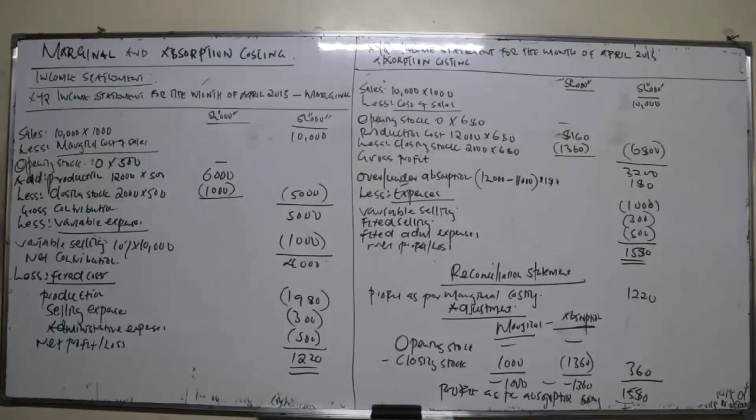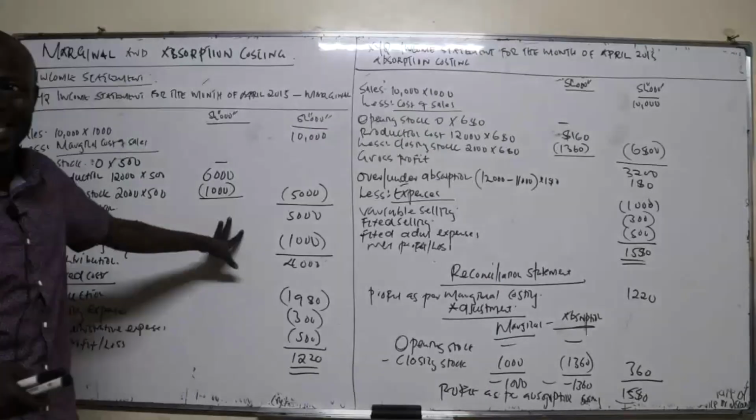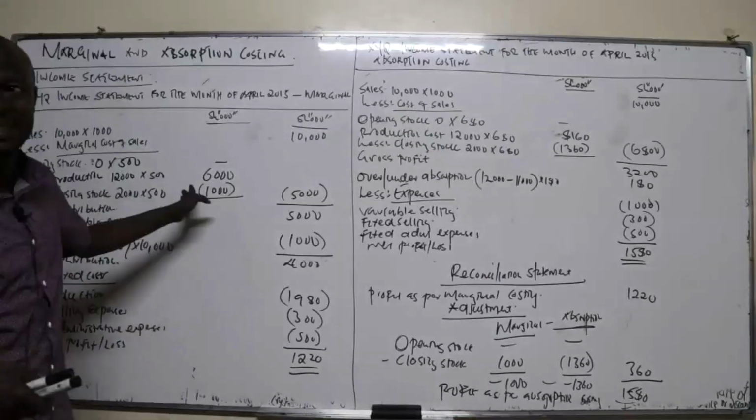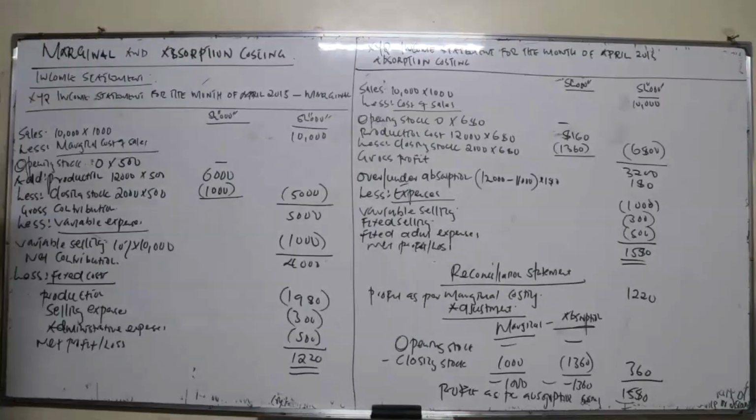The reconciliation here is, the difference is about stocks. Here stock is 1,000, and here stock is? But the other approach I was thinking of was the difference in the profits as a result of the stocks. Yes, actually the stocks.